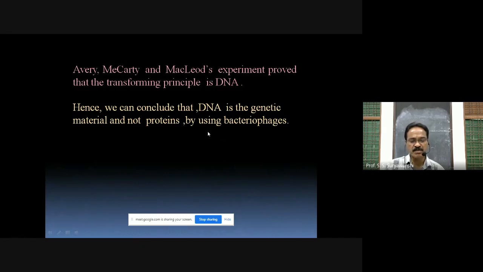For the time being, you must remember that these are the two experiments that may be asked in the exam, and they have a certain result, that is DNA, which gives us a clear-cut idea. But the next experiment, the Hershey and Chase experiment, gives us solid evidence, and hence we will see that in the next lecture.